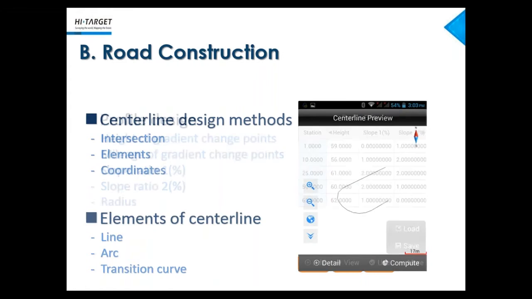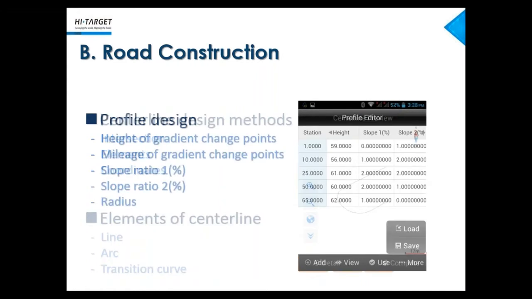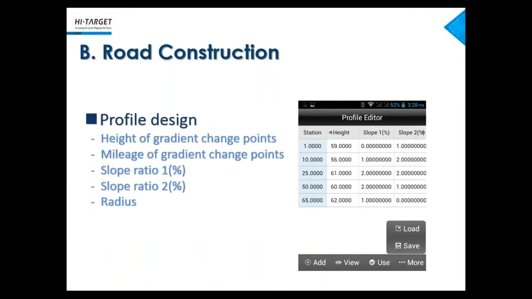And for the profile design, we need to input the height of the gradient change points. We need to input the mount edge of gradient change points. Let me explain here. The mount edge in this software means the chain edge. So maybe different places have different glossary for this word.